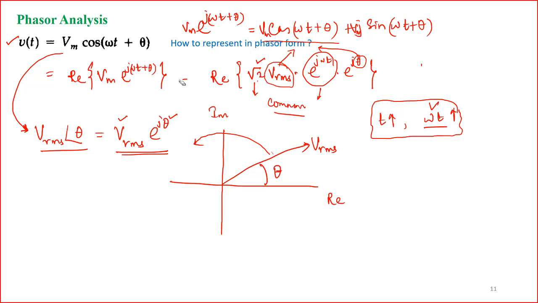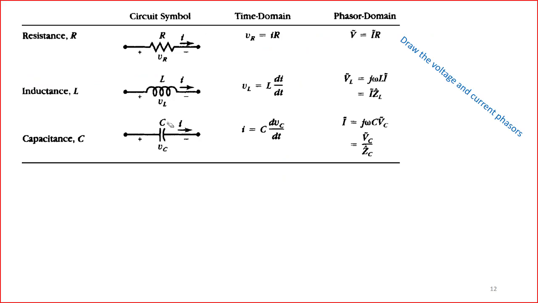Okay, so this is all about that, and now we have different components in circuit theory, or in any electrical system: the resistance, inductance and capacitance. These are the basic elements in any electrical system, right?